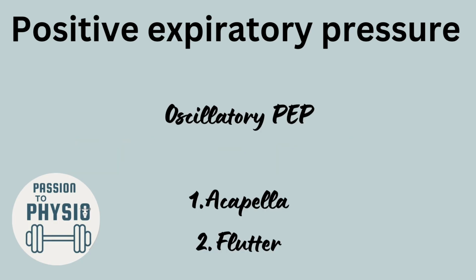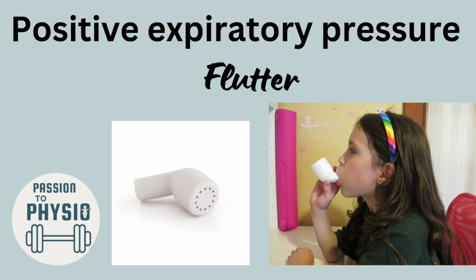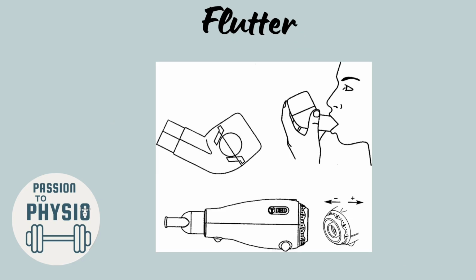Some other devices provide oscillation with the positive expiratory pressure, which is called oscillatory PEP. Acapella and Flutter are two of these devices. A Flutter uses a steel ball that vibrates inside a cone to provide the oscillations. It requires that the device be held parallel to the floor in order for gravity to apply correct forces on the ball.